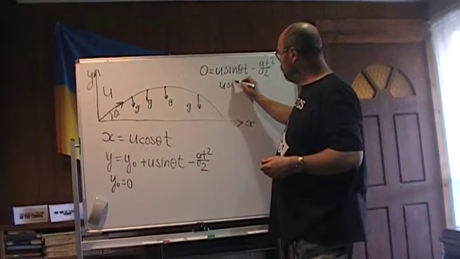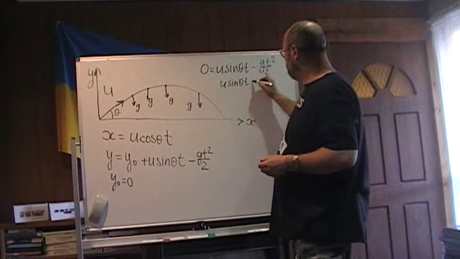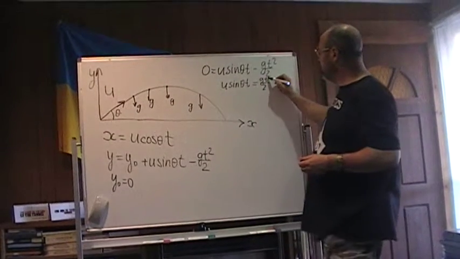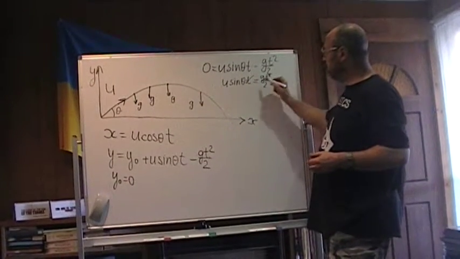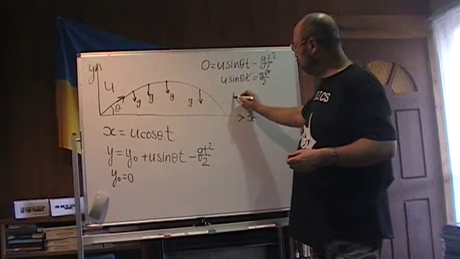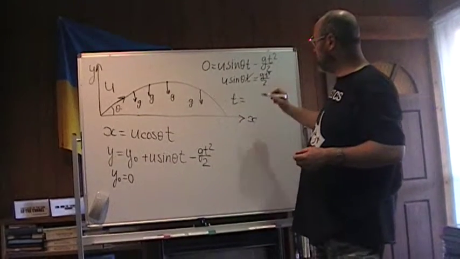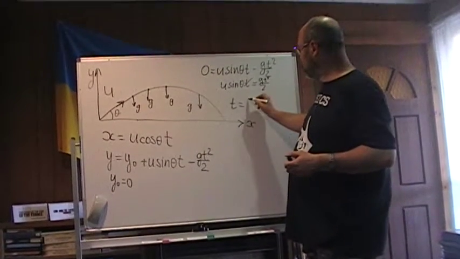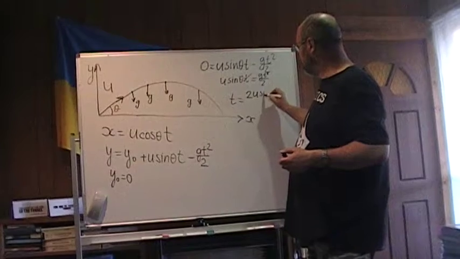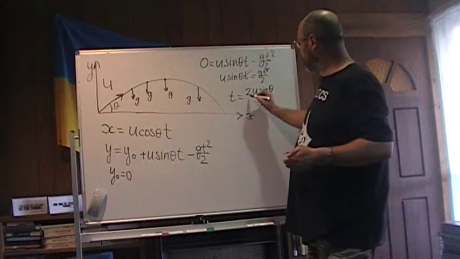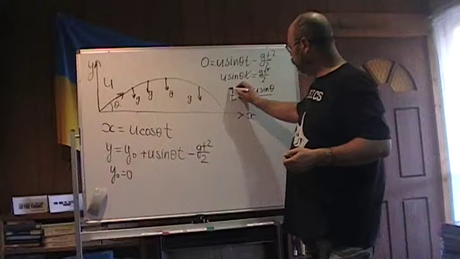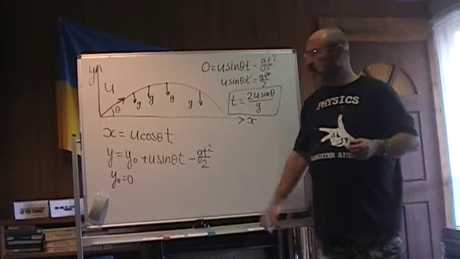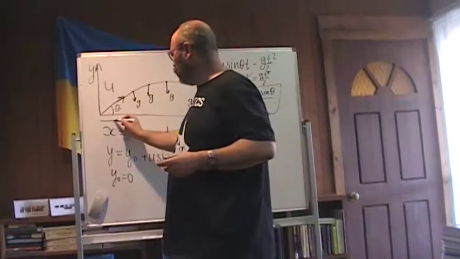So u sine theta t equals g t squared over 2. Time cancels out one time, so we get an expression for how long the object will be in the air. We get t equals 2u sine theta over g. That's the time.